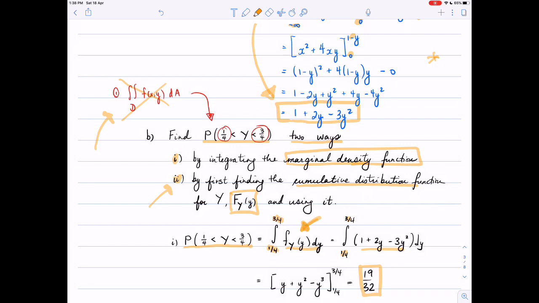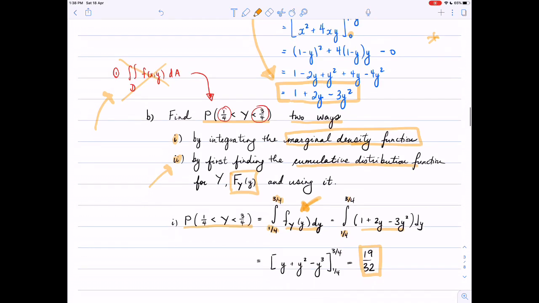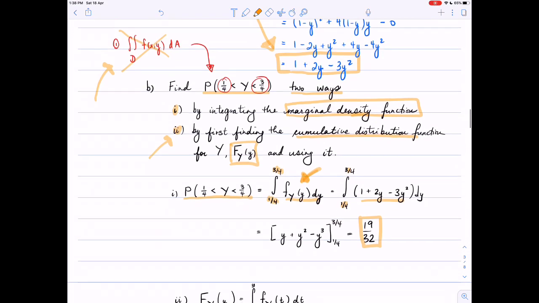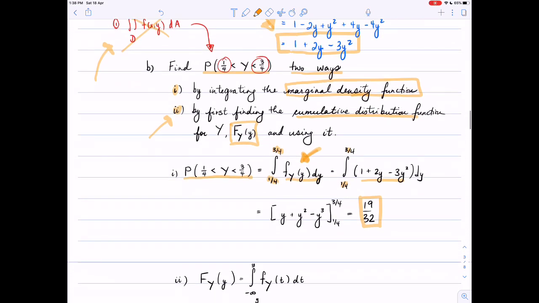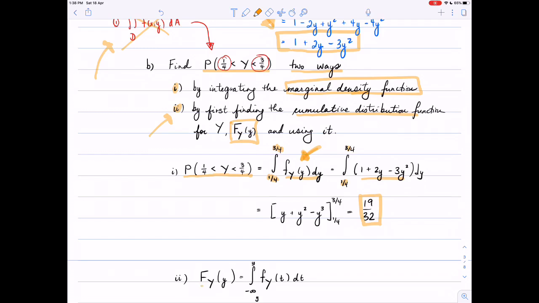So when we do the second way around, and we find the CDF for y, which is going to act exactly like the CDF would have in the single variable case. When you find the CDF for y, you can use it to calculate probabilities. And so the definition of the CDF here is the integral from -infinity to y value of the density function with some dummy variable t. And we know, by definition, this is the probability that y is less than or equal to that little value y.